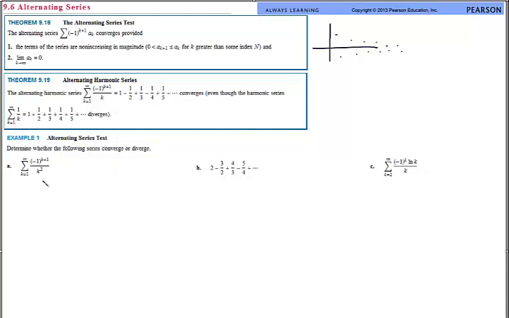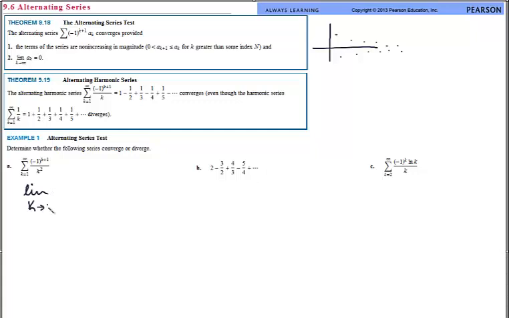So with this first example, I see that this part tells me that it's alternating. If I look at this bottom part, I see that it is a p series. And because of this, I can say that this thing converges.